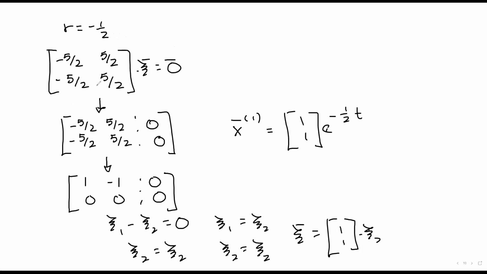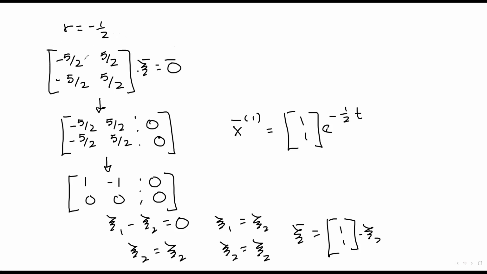Okay, so for the second solution, we're going to let x equal xi t e to the -1/2 t plus eta e to the -1/2 t. And the consequence of that is we're going to get this guy right here.